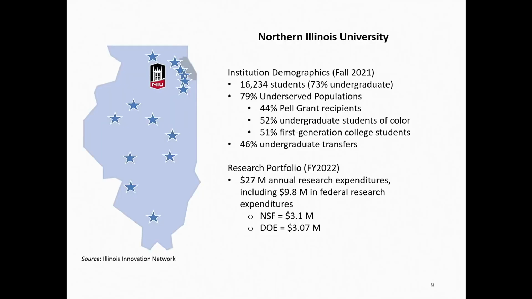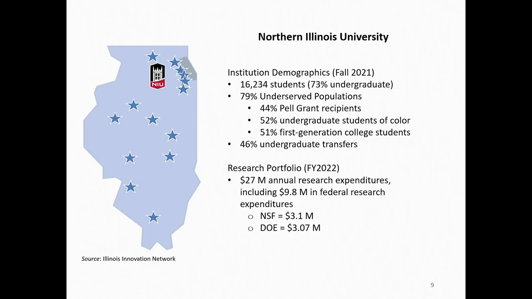So I'm going to tell you a super quick story about Northern Illinois University to illustrate the build to this emerging research institution definition. Northern Illinois University is a university that I represented. I worked for them in Washington, D.C. for over 8 years. I ran their D.C. office. And so you can see the institutional demographics.